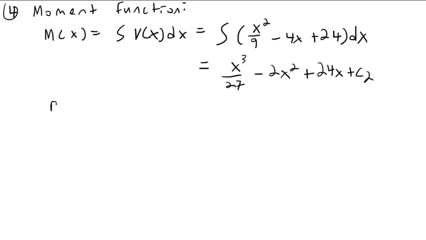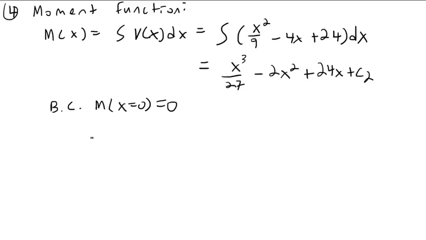The boundary condition is actually easier this time to explain. The boundary condition is that M at x equals 0 is going to be 0, and that's because we have a pin there. Anytime you have a pin or a roller, the moment at that location must be 0. A pin cannot resist any moment, therefore the moment there has to be 0.